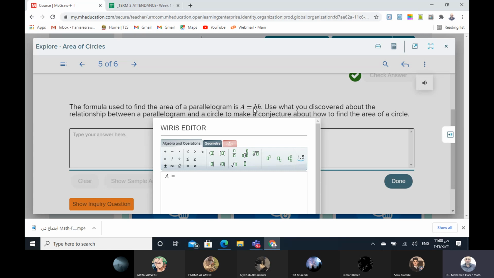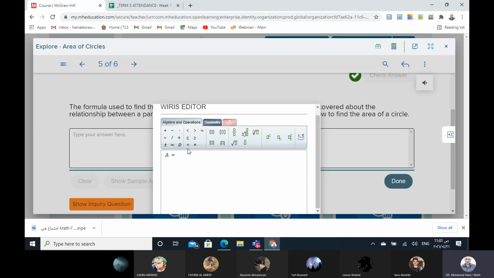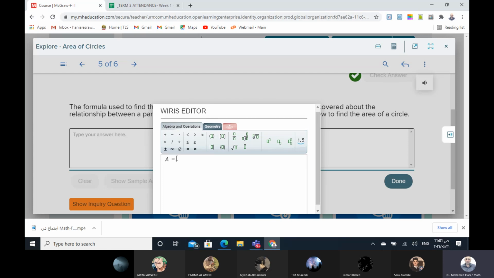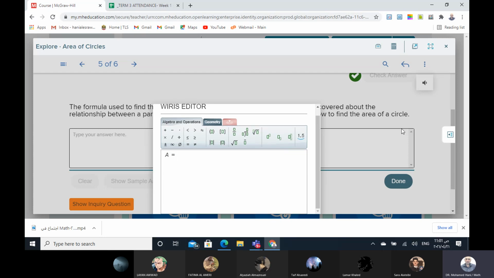Right, we have the base and the bottom, means we have 2. I don't have the symbol here, no problem.